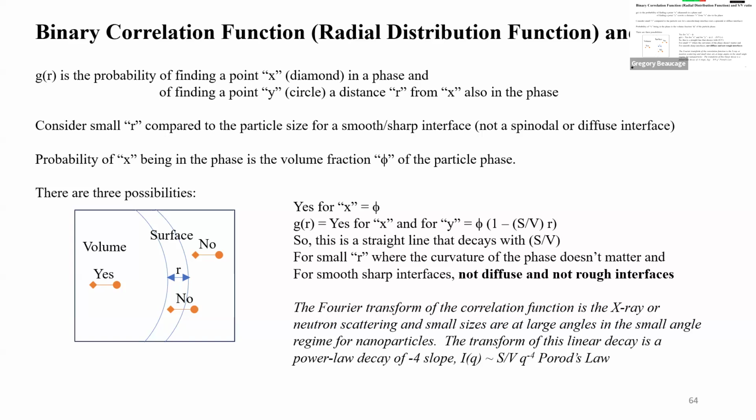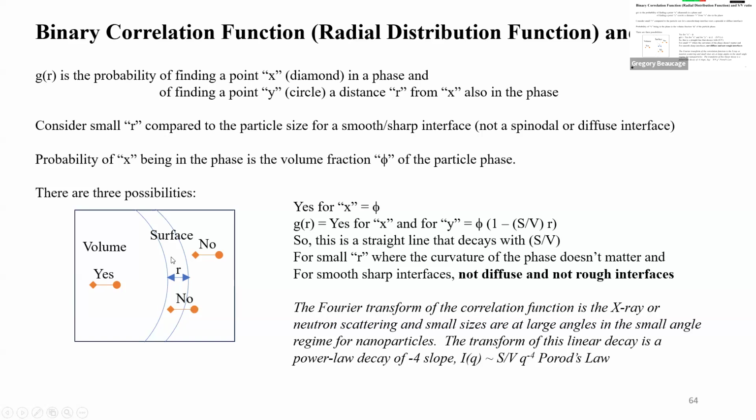I wanted to say why that surface to volume is there. If you have really small R, and the two ends of the rod are both inside, that's yes, that's 1. If both are outside, that's no, that's 0. But there are cases where one's inside and one's outside.